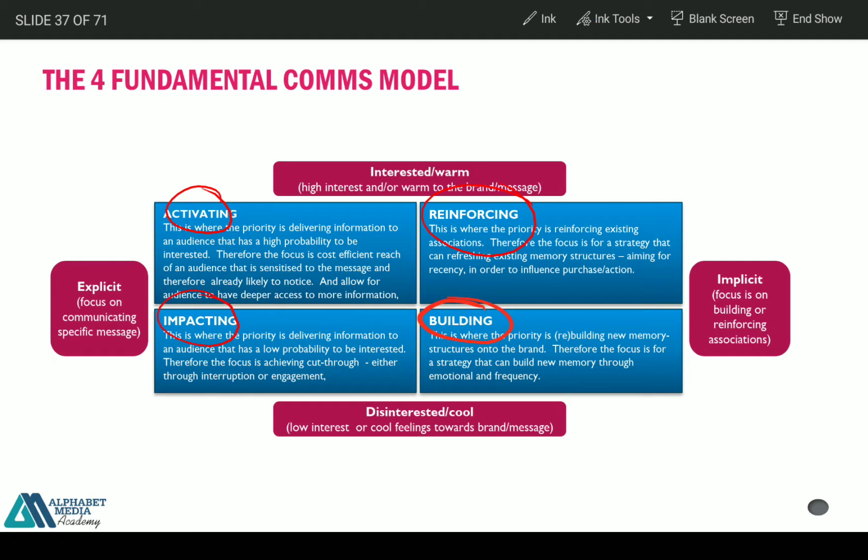Ribena has always been for kids, and then suddenly there's Ribena in cans, and you're trying to position it for teenagers and young adults. That is a totally new memory structure on top of what people already know Ribena to be, for healthy children. So that is a very different kind of job. It's a balance between emotion and frequency. There's a lot happening in that space.